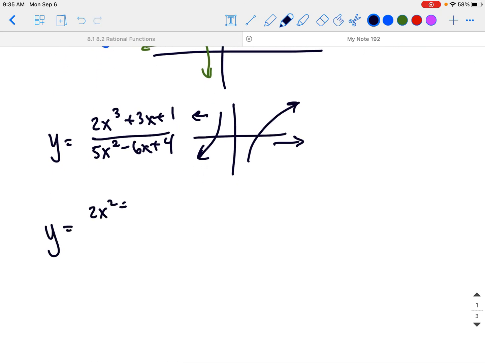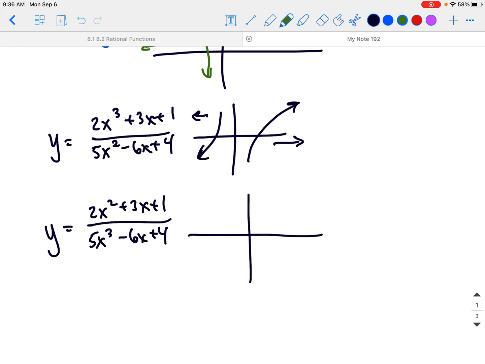And then if we had 2x squared plus 3x plus 1 over 5x cubed minus 6x plus 4, then that is just going to, like our first example, have a horizontal asymptote, but now it'll be at 0. And again, our graph will be above or below depending on our analysis.